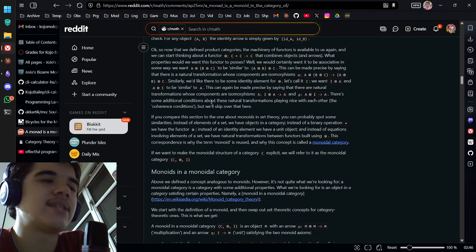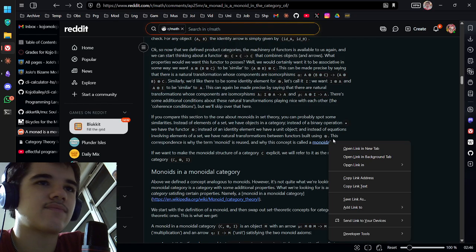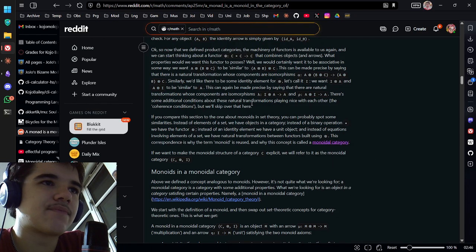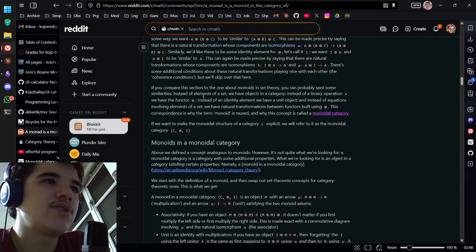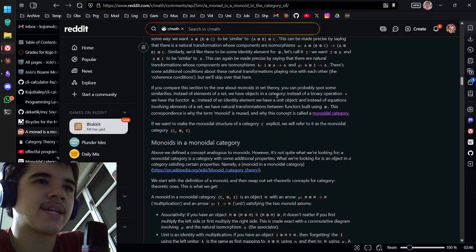There are some additional conditions about these natural transformations, the coherence conditions, let's go for that. If you compare this section to the one about monoids and set theory, you could probably spot some similarities. Instead of elements in a set, we have objects in a category.